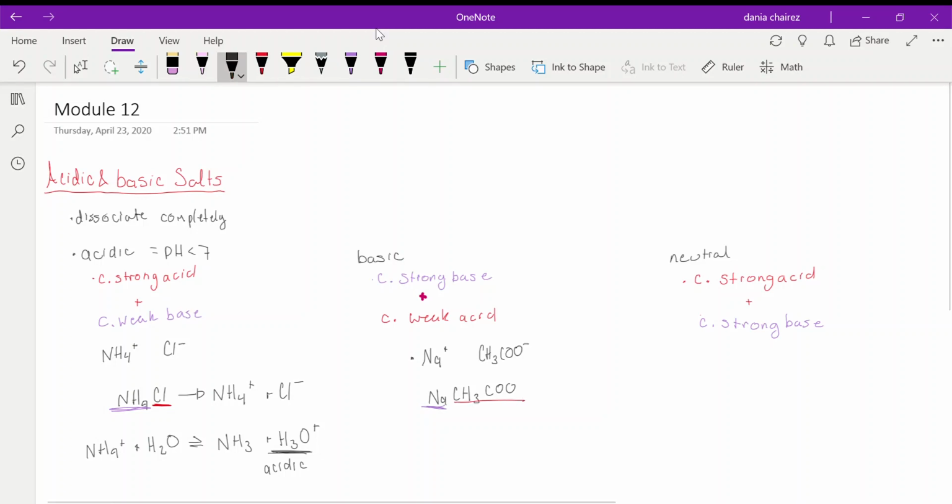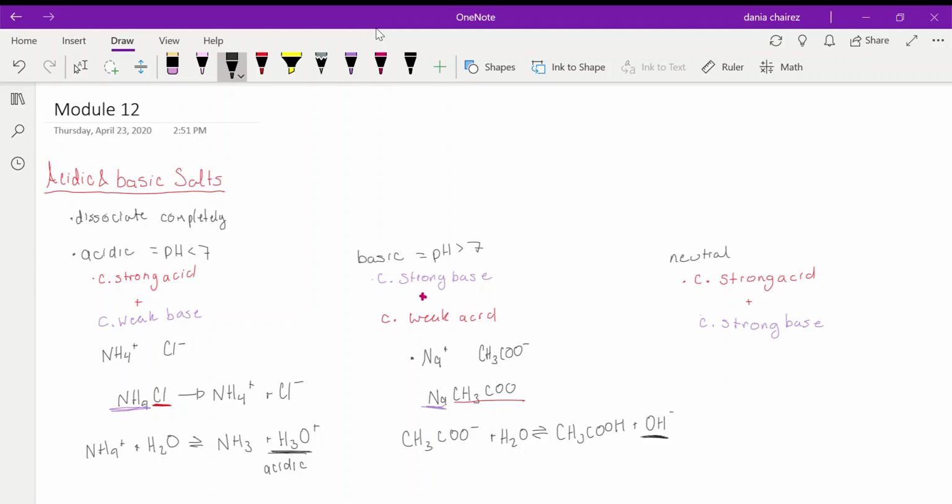And what makes this basic is if we were to throw this into solution and we have acetate ions floating around in the water, we would create the acetic acid and the OH minus. And the OH minus is what tells us that it's going to be basic. So for a basic salt, our pH is going to be greater than 7.